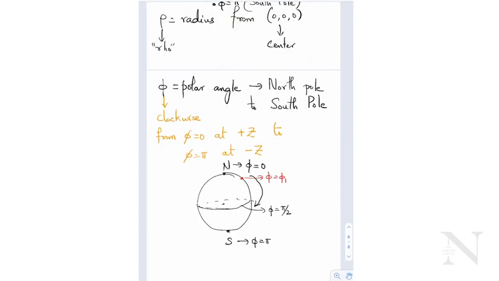So phi1 is some point between the North Pole and the equator. Once you reach this point, you can, without moving the value of phi, go around the surface of the Earth and come back to that same place.